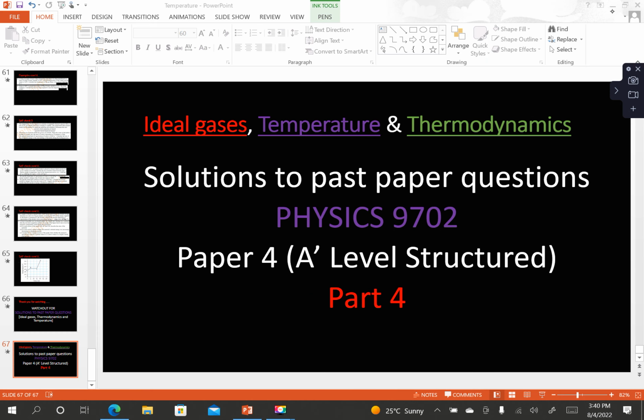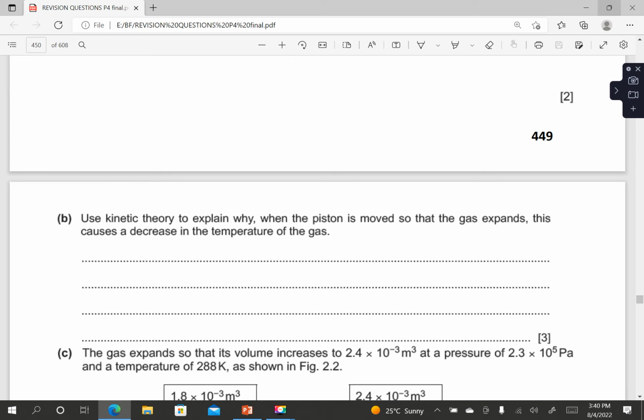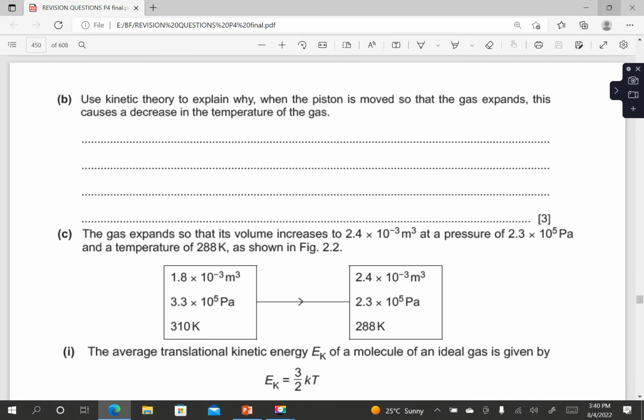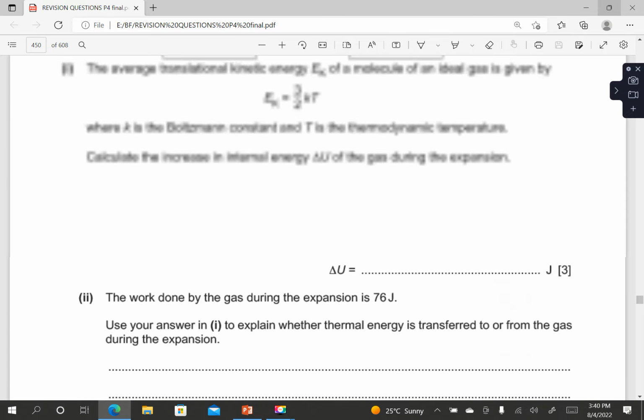Okay, so let's go back and wind up this. I think we stopped on page 49, so we need to move to page 50. Yes, that is page 50.